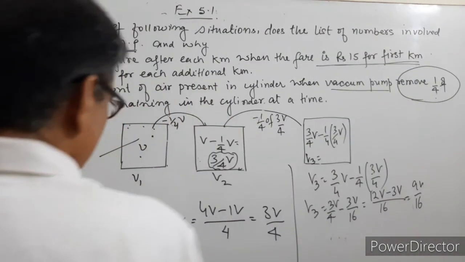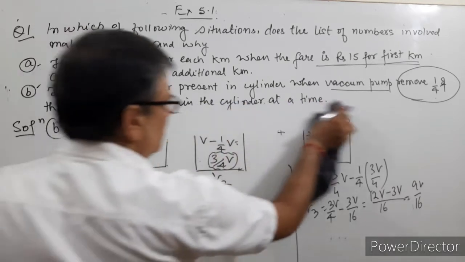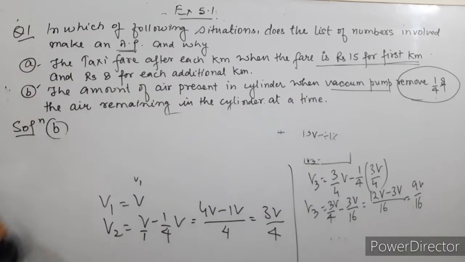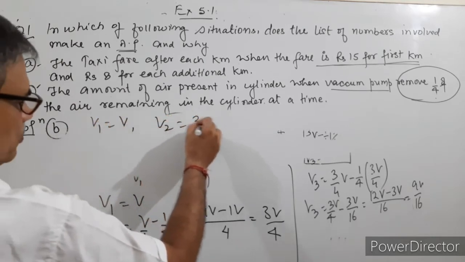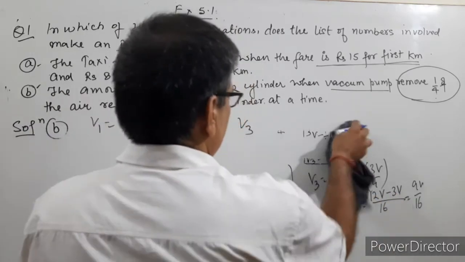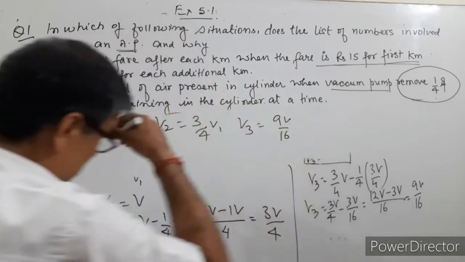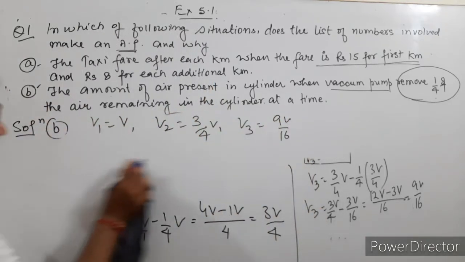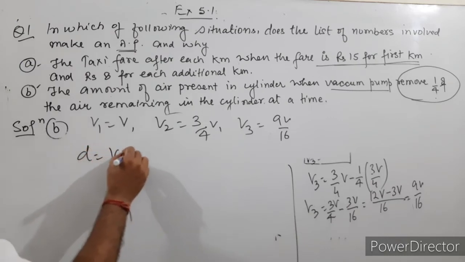And now we have to check whether it is in AP or not. This is your question. Now, V1 is equal to V, V2 is equal to 3 by 4V, and V3 is 9V upon 16. And what we have to find out? Common difference. What is the common difference? D is V2 minus V1.